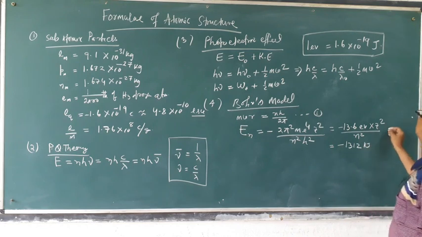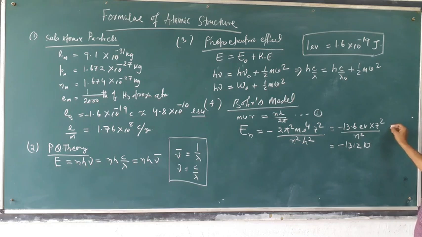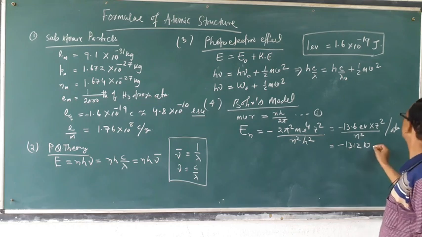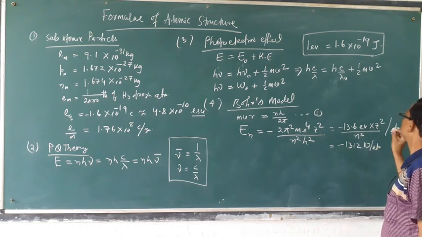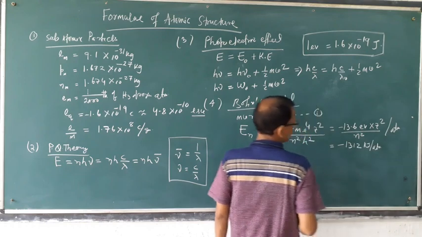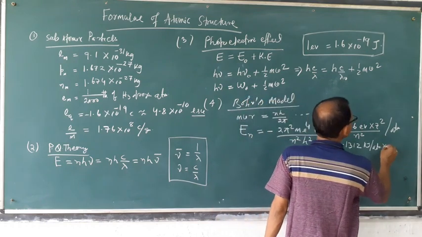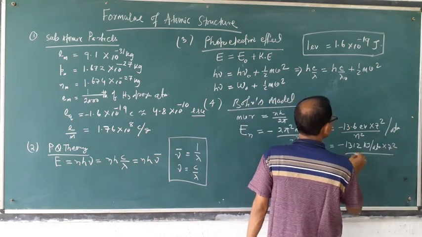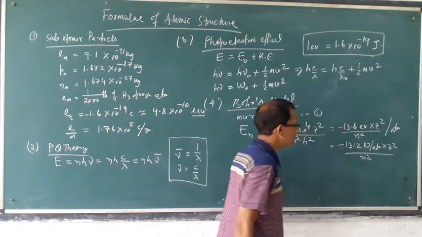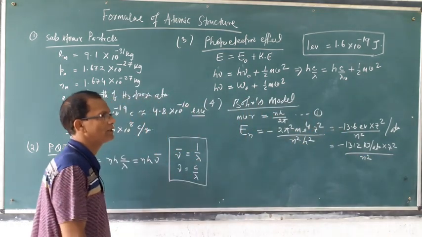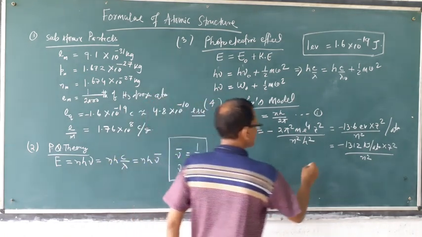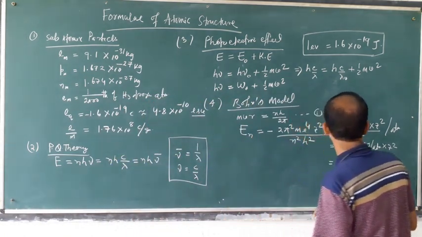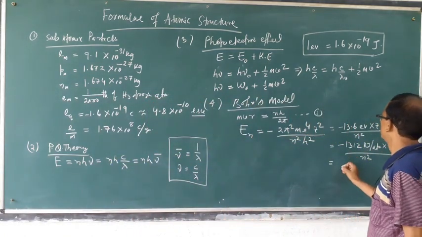This is your per atom, electron volt per atom, here kilojoule per atom, this much into Z square upon N square. This is this much of kilojoule per atom.